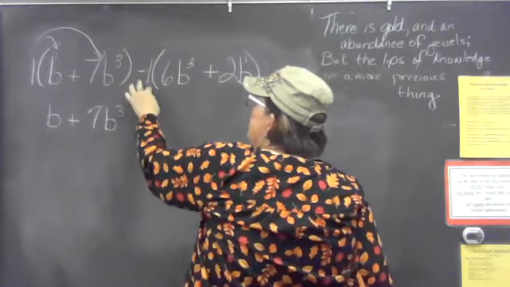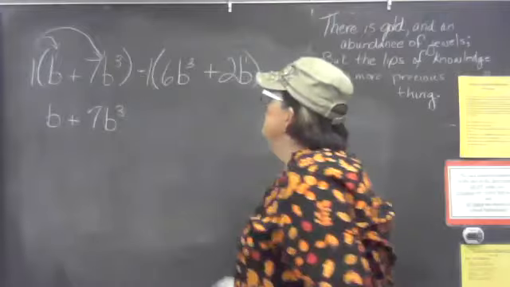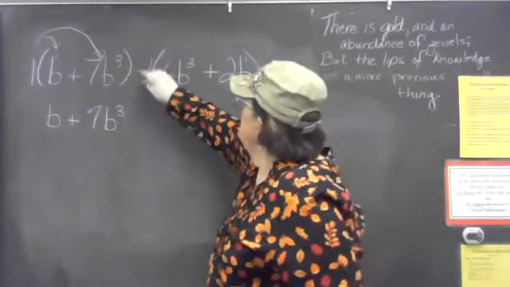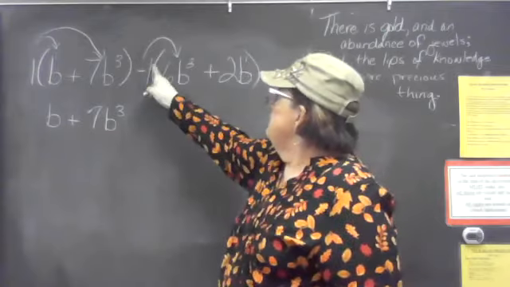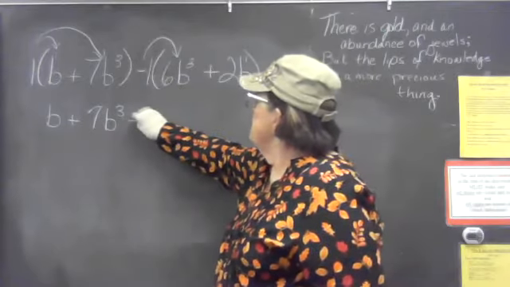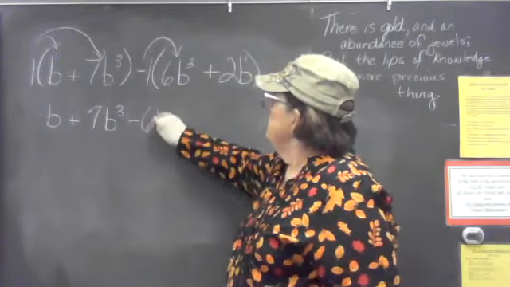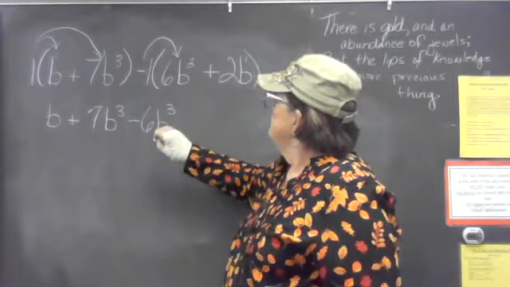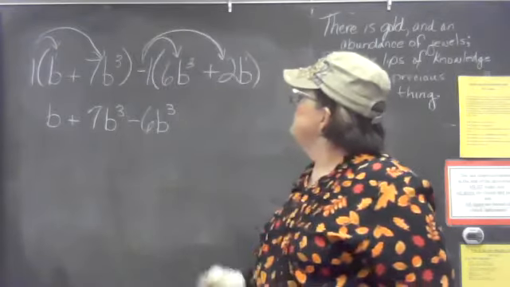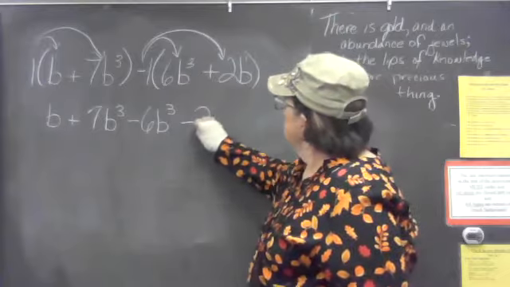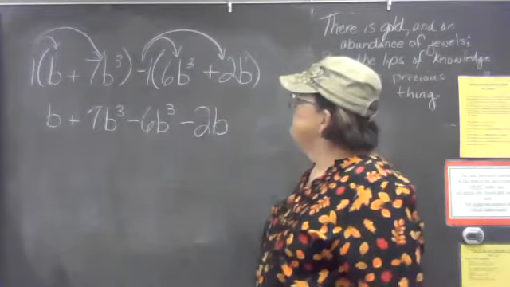Minuses and negatives act the same way, okay? So I have a negative 1 times 6. Negative times a positive is a negative 6b cubed. And a -1 times a +2 is a minus 2b.